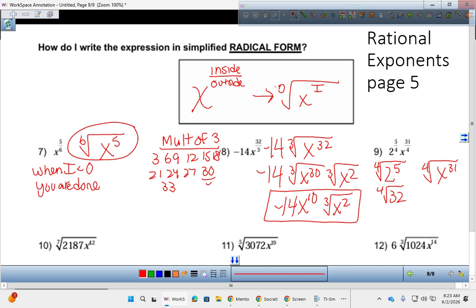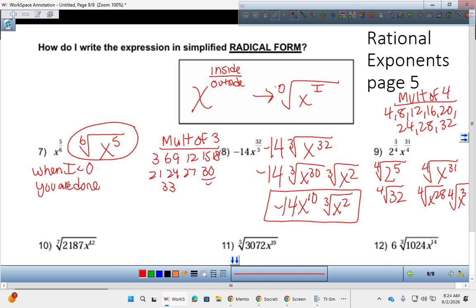Now in terms of the variables, we know how to simplify that one. We're going to look at multiples of 4. 4, 8, 12, 16, 20, 24, 28, 32 is too much. So I'm going to pick 28. So what's this next one have to be? It's got to be 3. 28 plus 3 is 31.